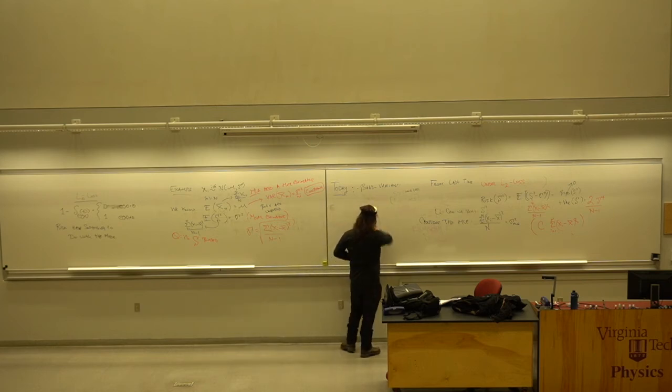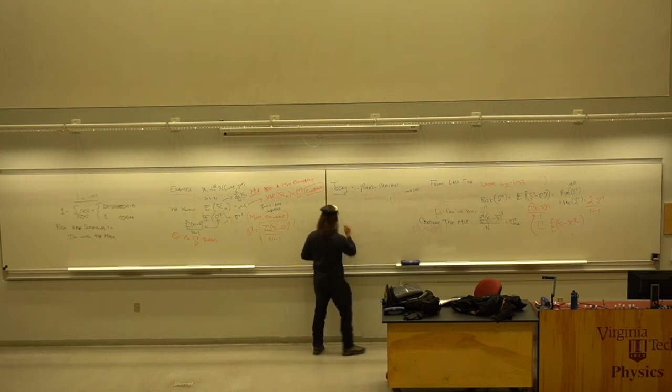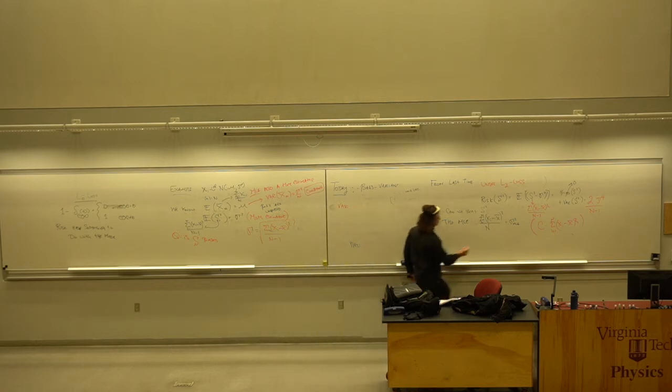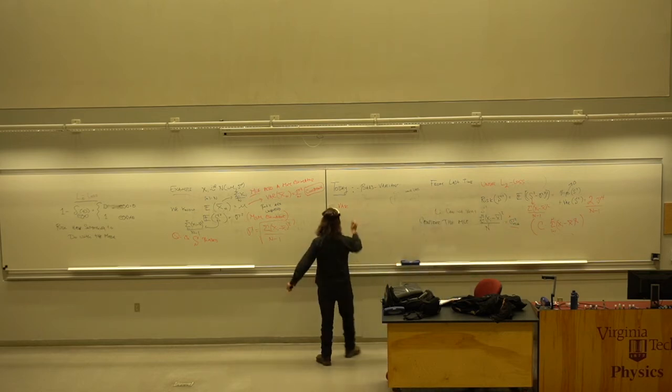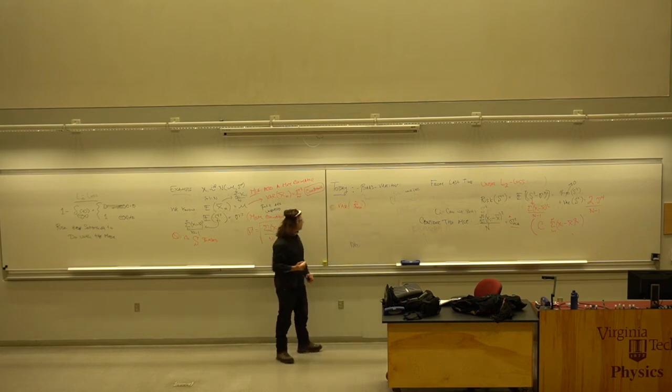So I can work through and compute the variance of s squared, or I'll say variance of, I'll put a hat on there, variance of sigma hat MLE. This looks like a hard calculation.